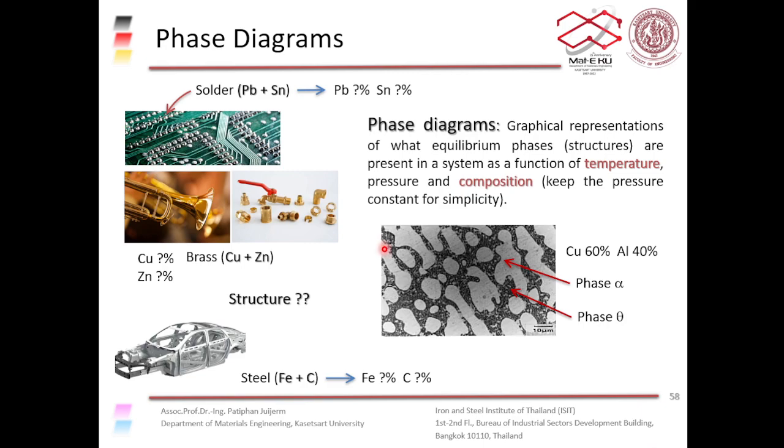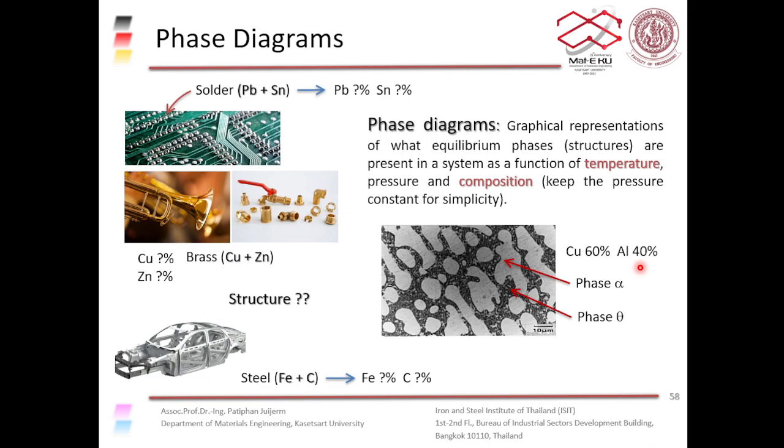Like in this picture here, we have the microstructure of copper aluminum alloys. When you mix copper and aluminum together, they form a solid solution of copper and aluminum, where copper is the solvent atom and aluminum is the solute atom.